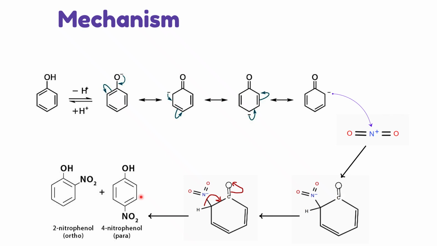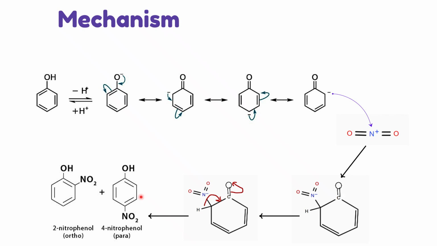The other point you should know is that whenever benzene or any derivative of benzene undergoes a reaction, there is the possibility of three products: para substituted, ortho substituted, and meta substituted.